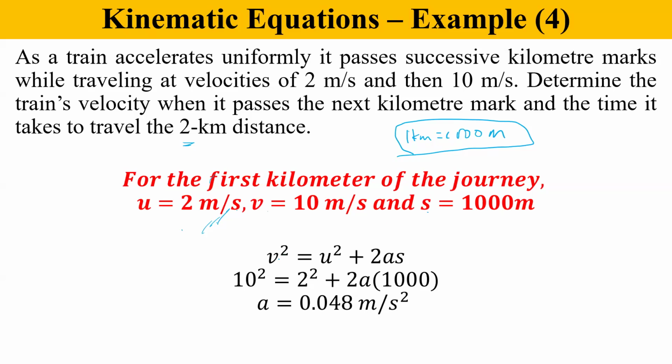So there now you can apply your initial velocity and your final velocity in this equation here, which we call our equation 4, which is adequate to get our acceleration. That's what we know, because we have initial and final velocity, and we have our distance between the two. So it says it passes the successive kilometer mark.